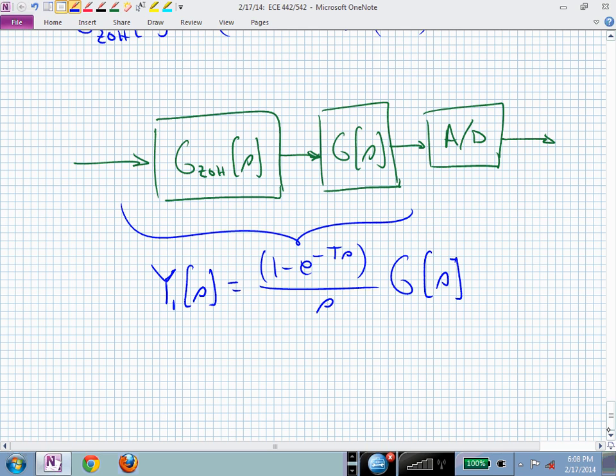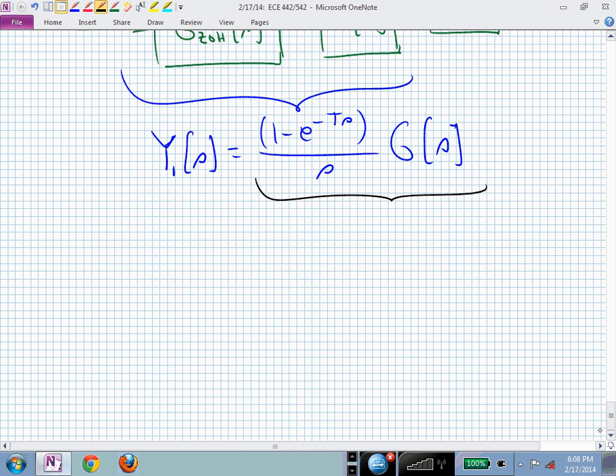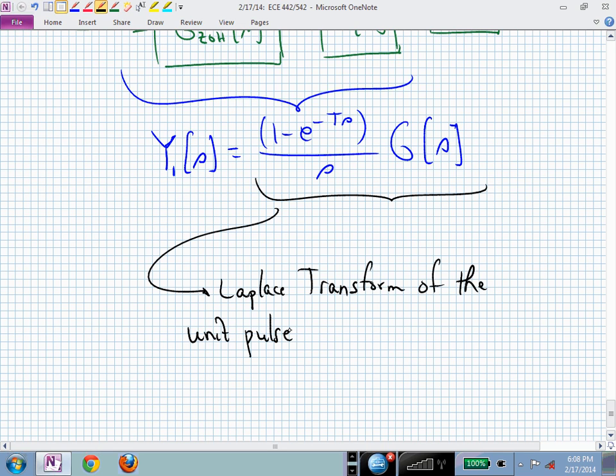And this piece right here is really just the Laplace transform of the unit pulse response of whatever our system happens to be, whatever that capital G of s is.